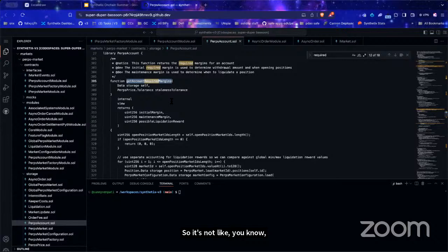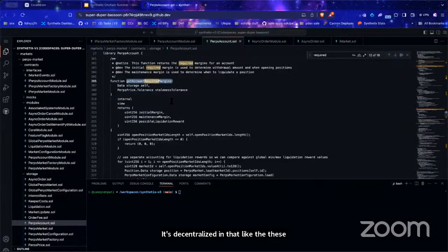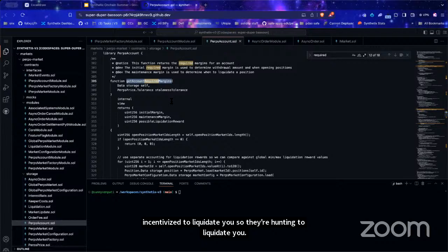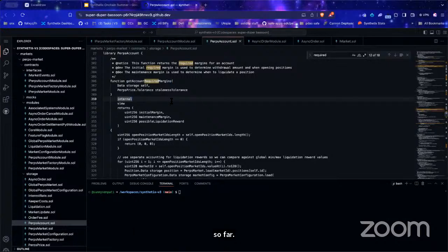It's decentralized in that these keepers are incentivized to liquidate you, so they're hunting to liquidate you as quickly as possible if you're eligible. Generally this will happen pretty much instantaneously if our keeper system is healthy, which it appears to be so far. That generally just means that they're being compensated in the right way.